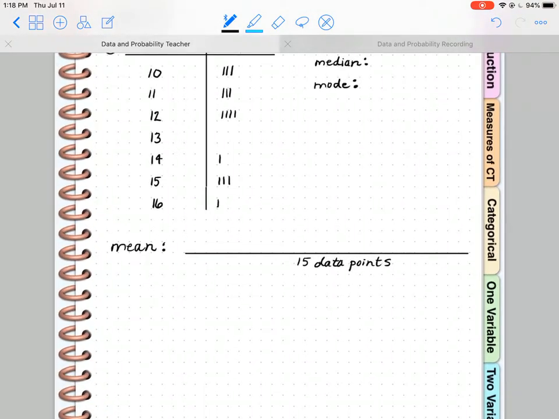And I know that 3 of them are 10s, and 3 of them are 11s, and 4 of them are 12s, and 1 of them is a 14, and 3 of them are 15s, and one of them is a 16.